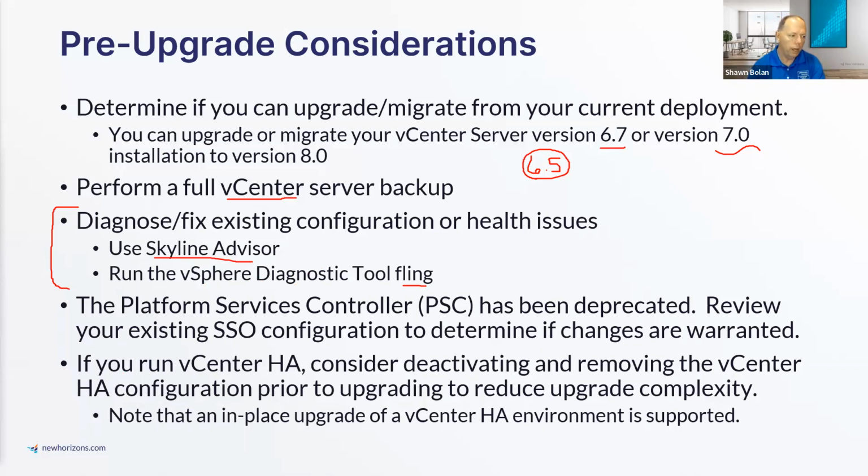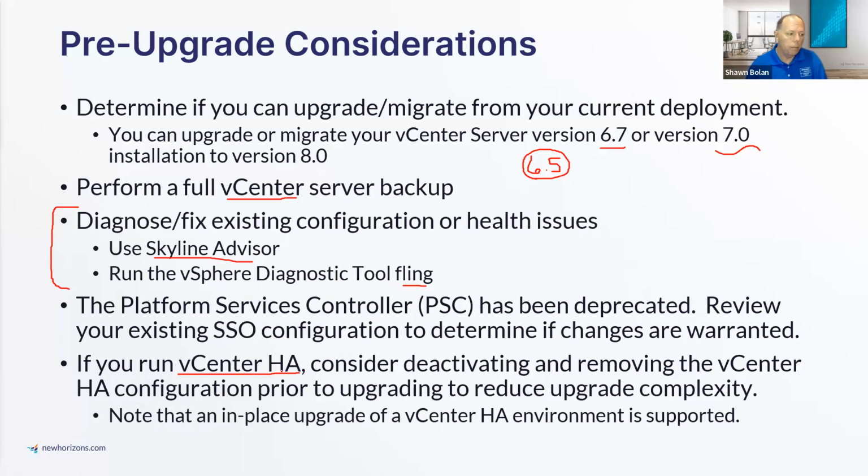Also, one other idea here is if you are currently running vCenter HA, that's short for high availability. That is, you have gone through and set up the high availability component for vCenter. VMware recommends that you decommission the HA setup for vCenter before you do your upgrade.